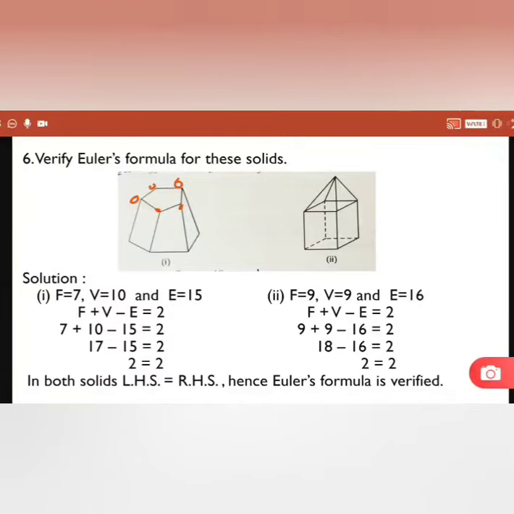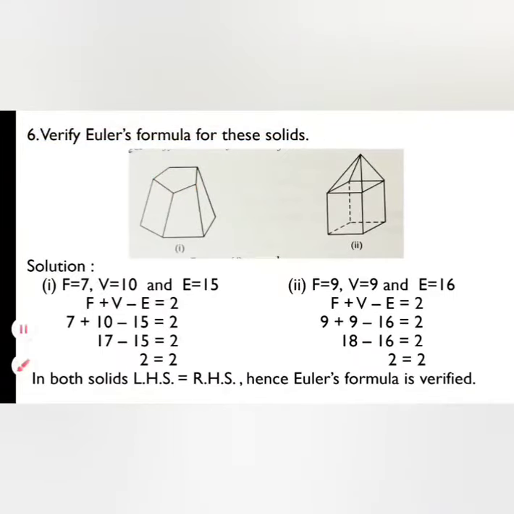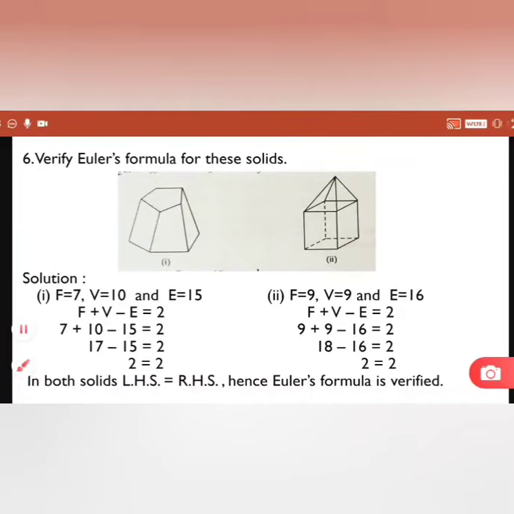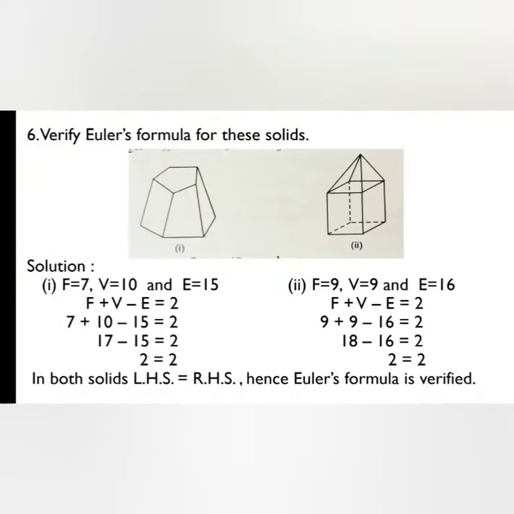And now edges, which are the sides of the given figure. You can see here 1, 2, 3, 4 and 5. These are 5 sides on top and 5 sides on bottom, so 5 and 5 is 10, and 5 lateral lines, 1, 2, 3, 4 and 1 behind it. So there are a total of 15 edges of the given pentagonal prism.